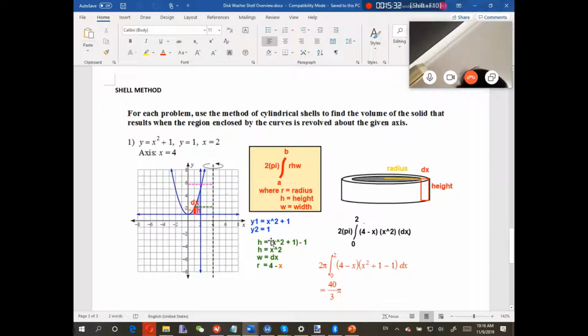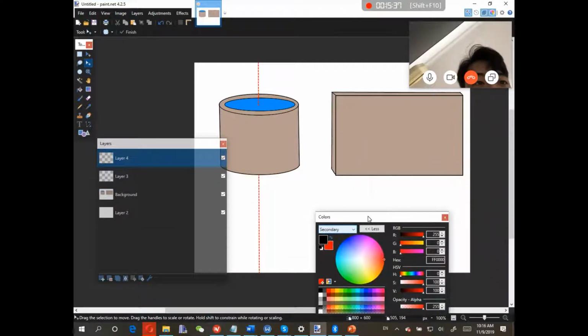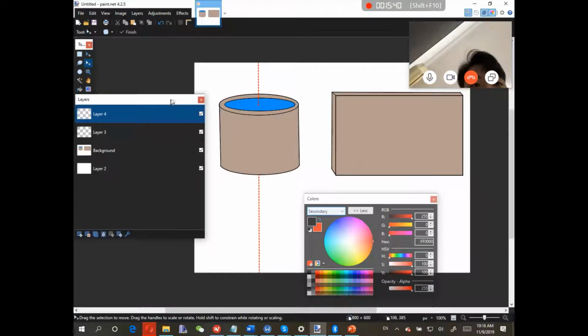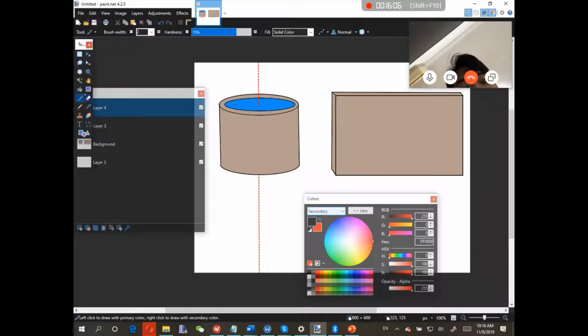It's almost the same as our disk method, actually. So what I like to think about is almost a toilet paper roll. So if I wanted to get the volume of a toilet paper roll, so this cylinder with a hole in it, what I could do is I could cut this toilet paper roll into something like this.